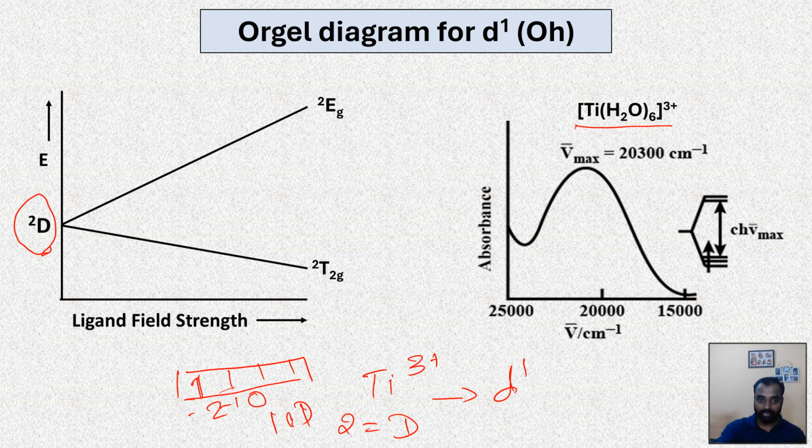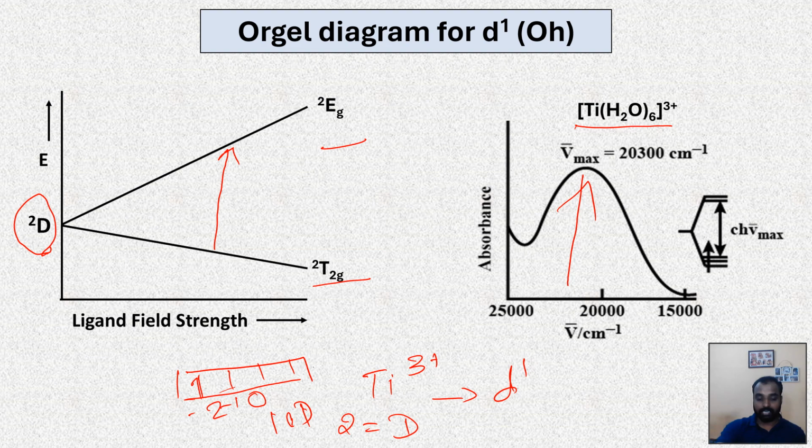When the ligand field strength increases, that is, the 6 aqua ligands, the water molecules, approach the central metal ion, the energy level splits into two, T2g and Eg. There is a promotion of one electron from the T2g energy level to the higher energy level Eg, and we get only one transition, from T2g to Eg, that falls in the range of 20,300 centimeter inverse.